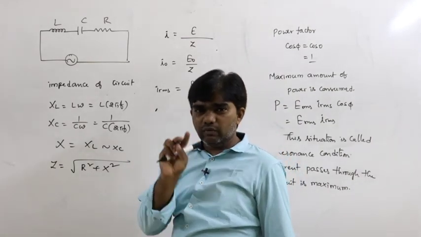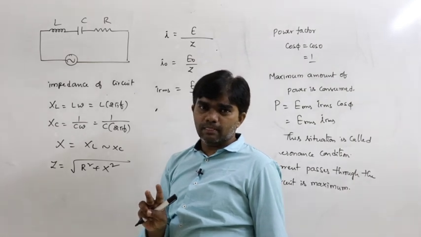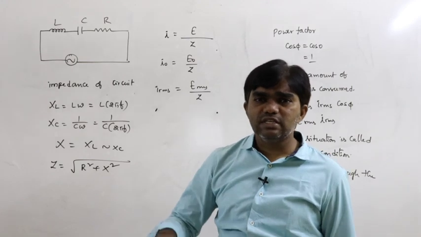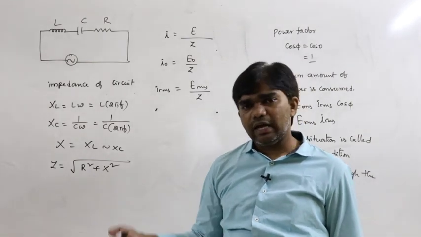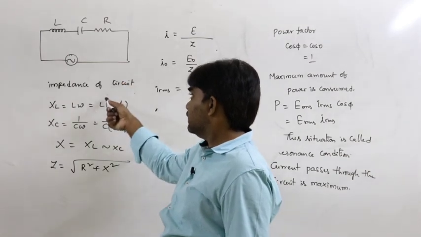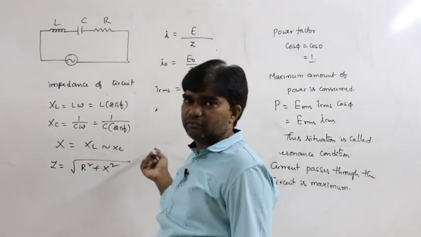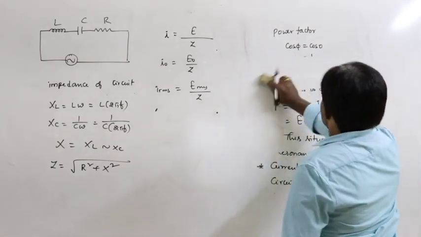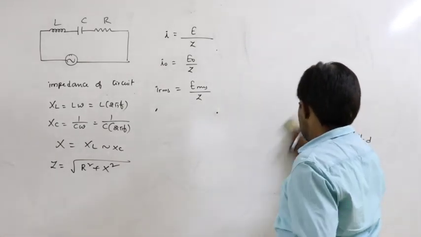We have two conditions, whether VL is greater than VC or VC is greater than VL, and we can calculate the power factor likewise. These are the steps to calculate the impedance, current or EMF based on this data. So this is the LCR circuit.